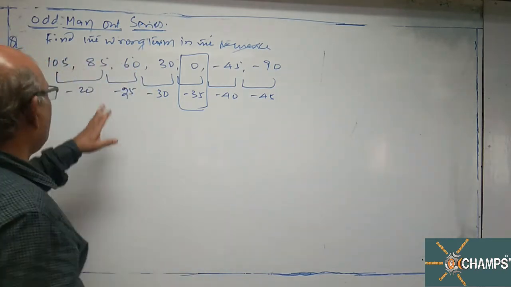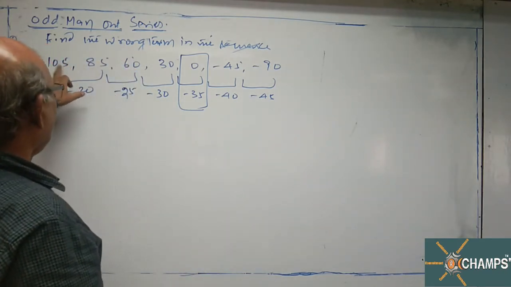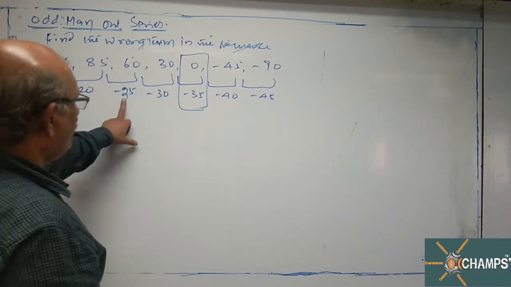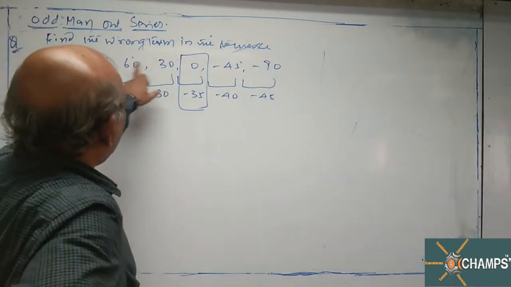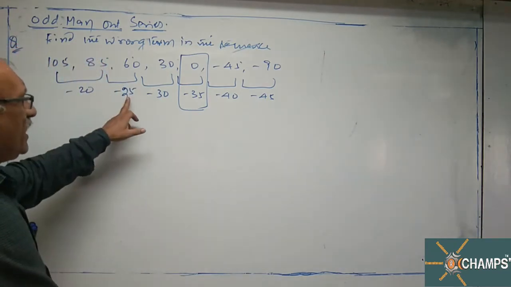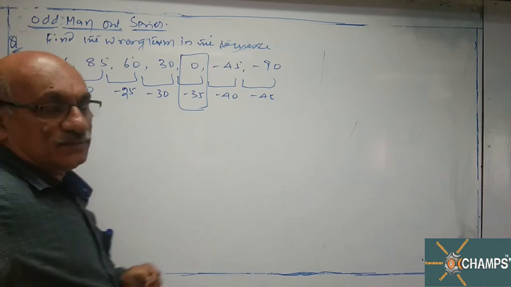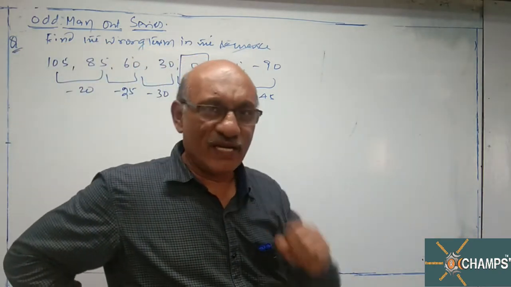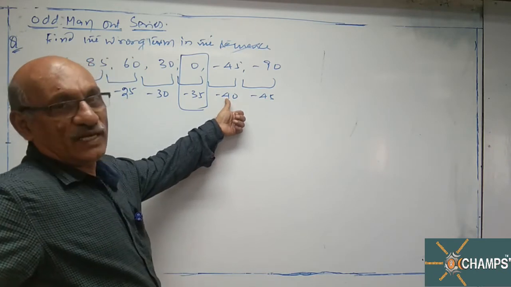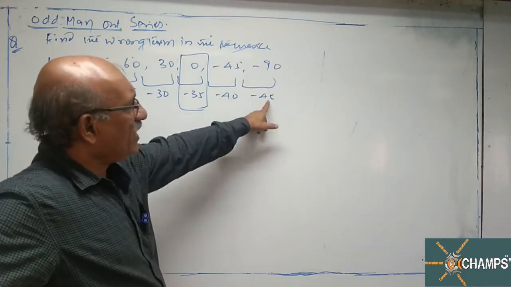Look at this, sir, one more time. 85 minus 105 is minus 20. 60 minus 85 is minus 25. 30 minus 60 is minus 30. So this is minus 20, minus 25, minus 30. If I follow this pattern, then it should be minus 35, then it should be minus 40, because this difference is again minus 45.